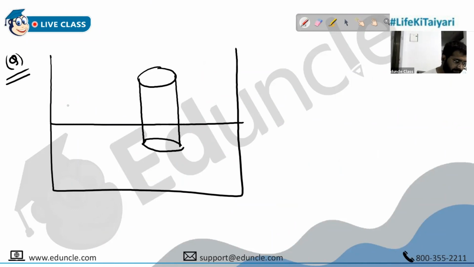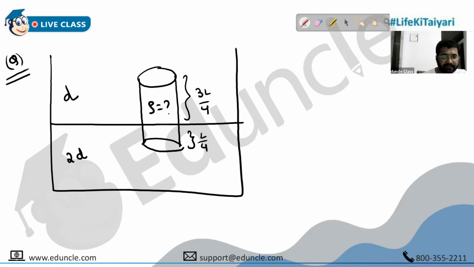The liquid above has density D. The liquid below has density 2D, but it is not exactly symmetric. This much length is 3L by 4, and this much length is L by 4. That's it, and you need to find the density of the cylinder. Take your time.